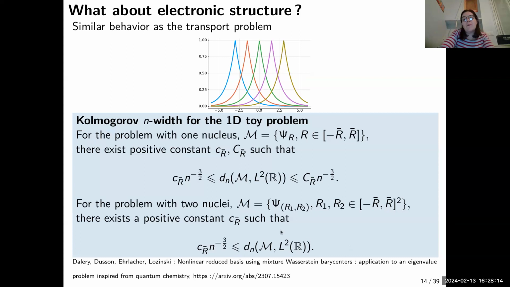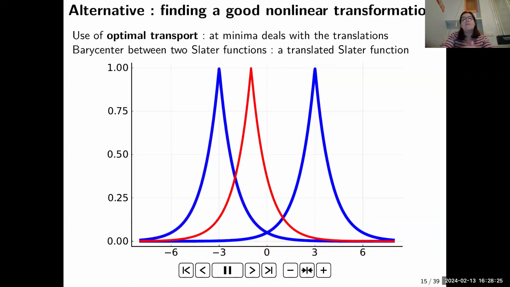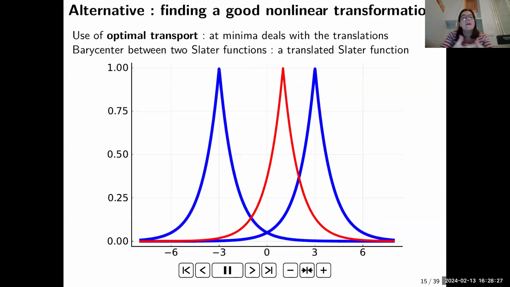We don't have an upper bound like in the one-nucleus case, but we know that it cannot decay fast. So linear reduced order modeling techniques are not efficient for this type of problem, because that was somehow to be expected. And that's one of the reasons why we turn to reduced order modeling techniques using optimal transport.